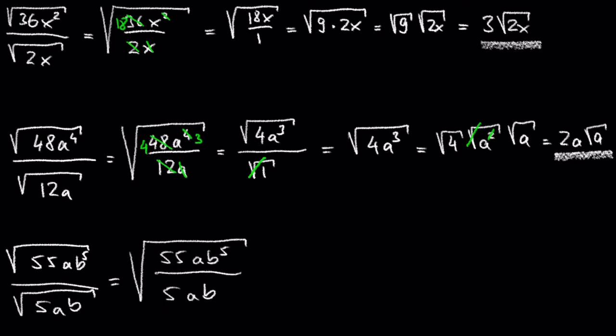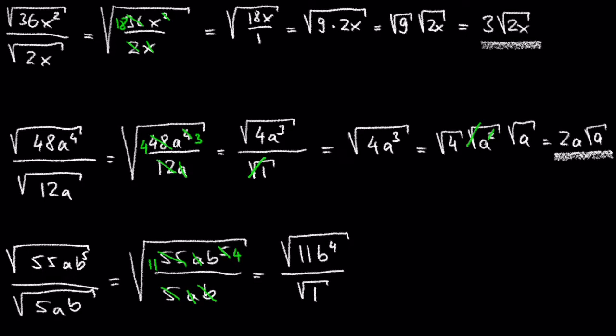And after cancelling out the 55 and 5, and a, and b, and then applying the division law for roots in reverse, we get the square root of 11b to the 4 over the square root of 1.